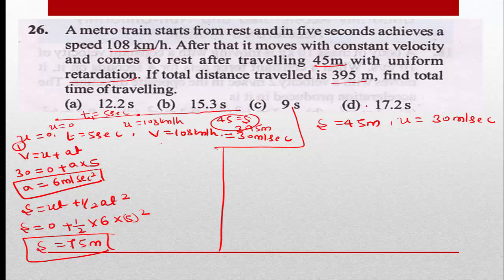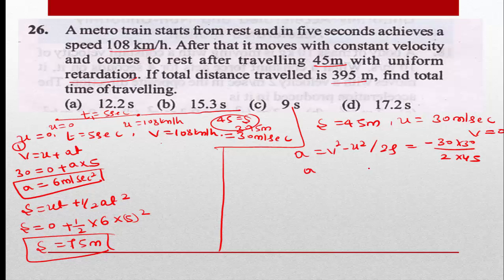The initial velocity is 30 meter per second, and the final velocity is 0 because it comes to rest after traveling 45 meter. Therefore, a is equal to v square minus u square divided by 2s, equal to minus 30 into 30 divided by 2 into 45.